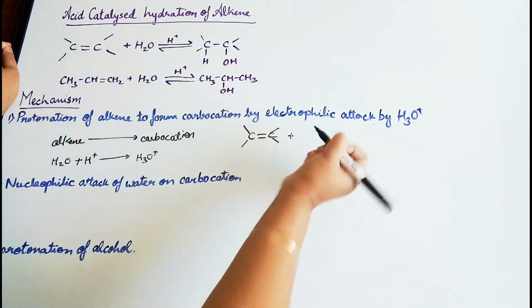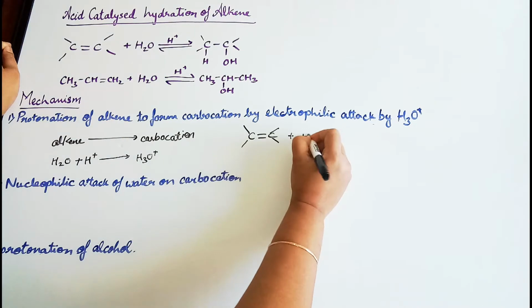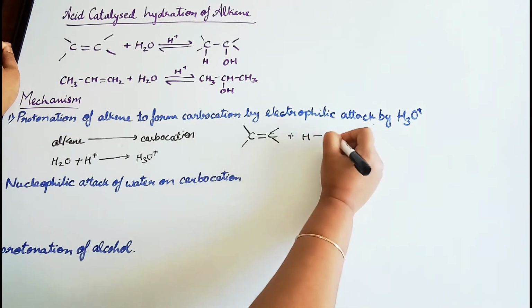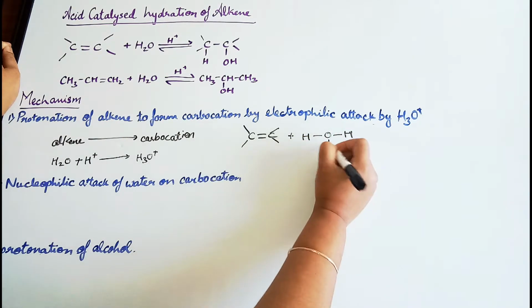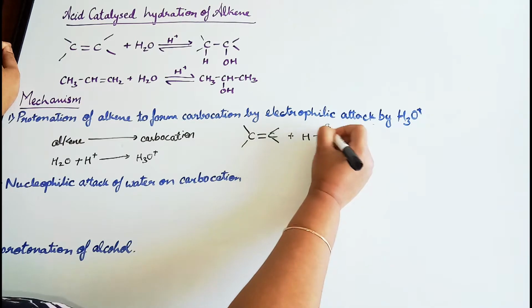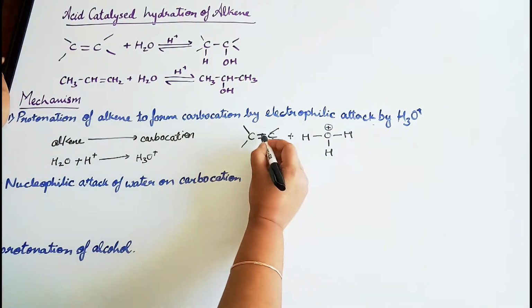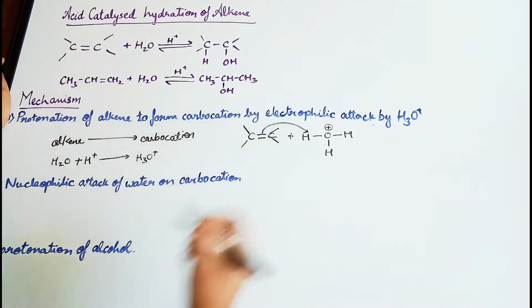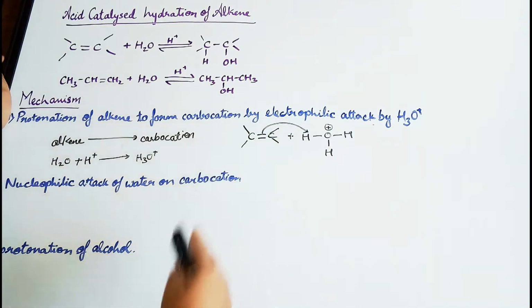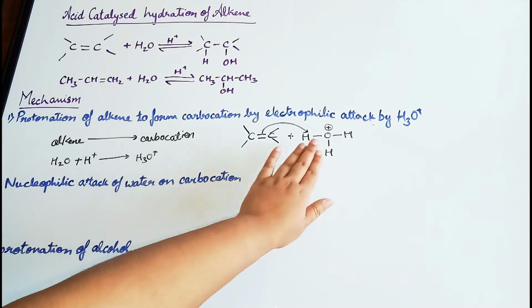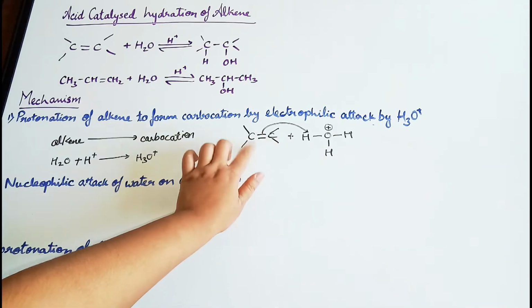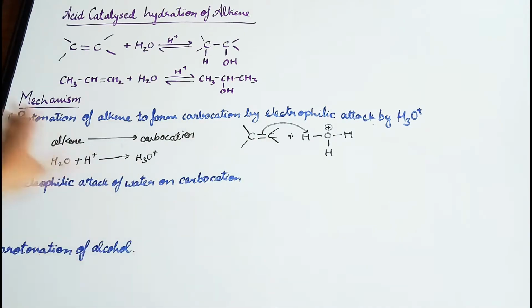So the alkene is going to react with the H3O plus, and the oxygen atom basically wants to get rid of the hydrogen atom. So this double bond is going to break, and what happens is the H is going to get added to one of the carbon atoms.